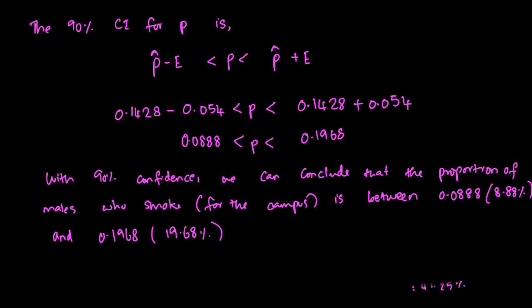Now, is the claim true? They claim that the proportion of males who smoke for this particular college campus is exactly 12.5%. Well, according to the interval that we found, 12.5% falls between 8.88% and 19.68%. Therefore, the claim is likely to be true. So this would just mean that the claim is true.